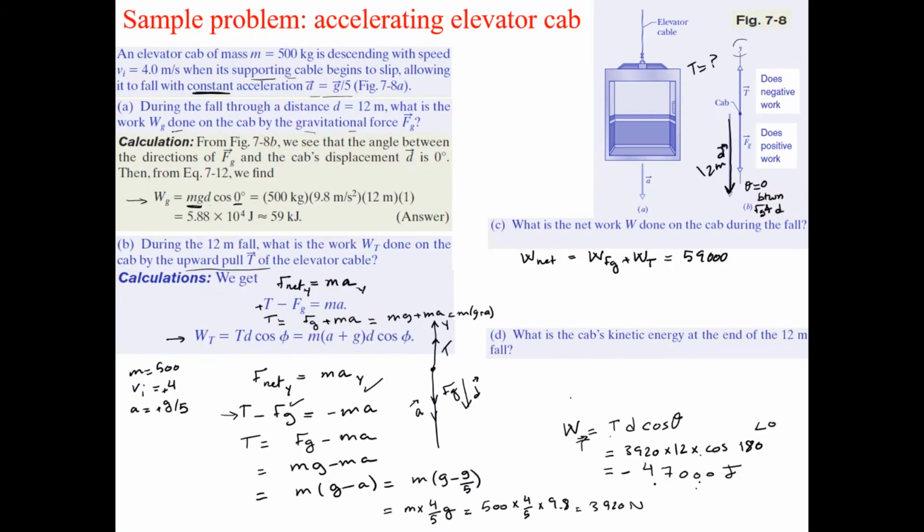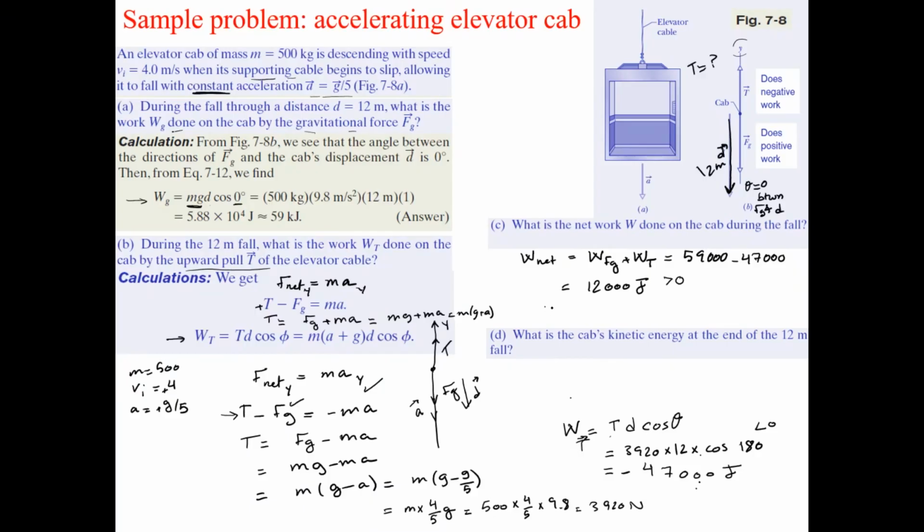And the work done by the tension, here it is, negative 47,000 joules. So I can find the net work done. This is going to be 12,000 joules, which is positive. And that makes sense because we have some motion and it's downwards. The net work is also down. So I expect some positive work that is done, especially since the system is accelerating as well.